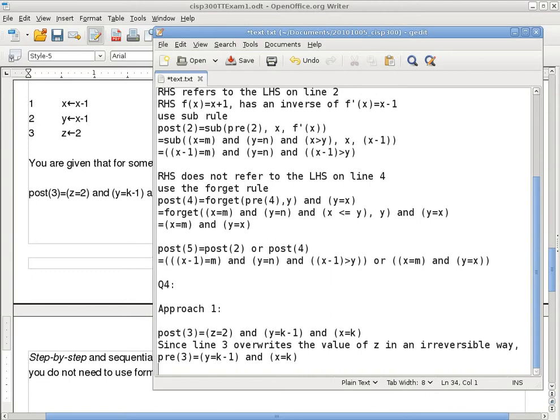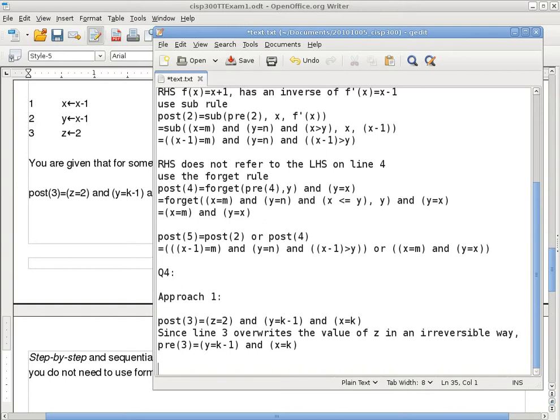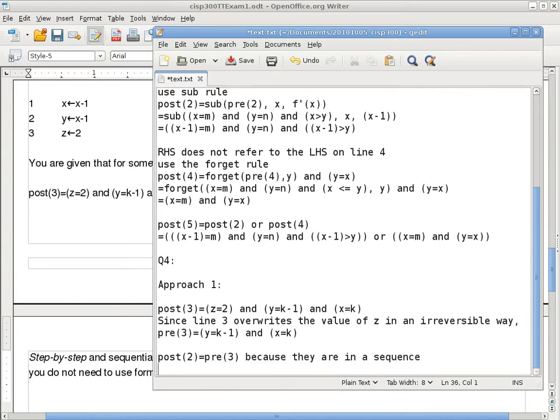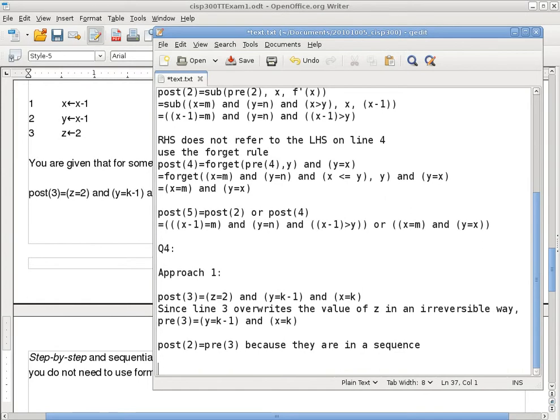Is that okay? And then optionally, you can say post 2 equals pre-3 because they are in a sequence. It is optional. If you miss this part, no problem. I will not take points off.